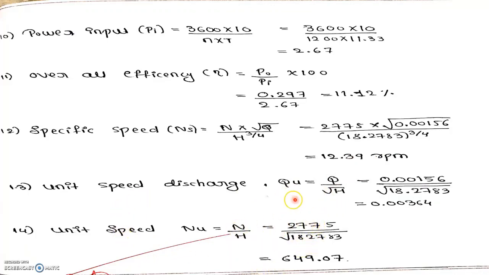Unit discharge is Q by root H, and unit speed is Nu equals N by root H. You put in all the values over here, and this way you calculate the pump's performance. These are the calculations regarding the pumps. Thank you very much.